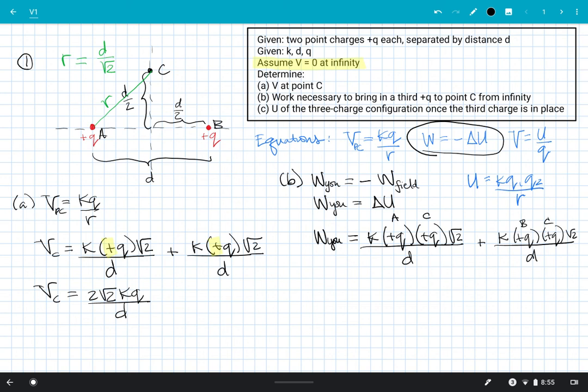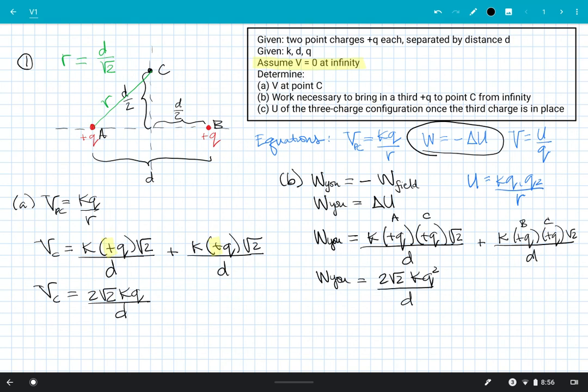If I consider particle A and C and I consider particle B and C, then I'm considering all of the dynamics that particle C has to consider, right? This is the work necessary just to bring that particle C in. So the work done by you is going to be the sum of these two things. So that'll be 2 root 2 K Q squared over D.